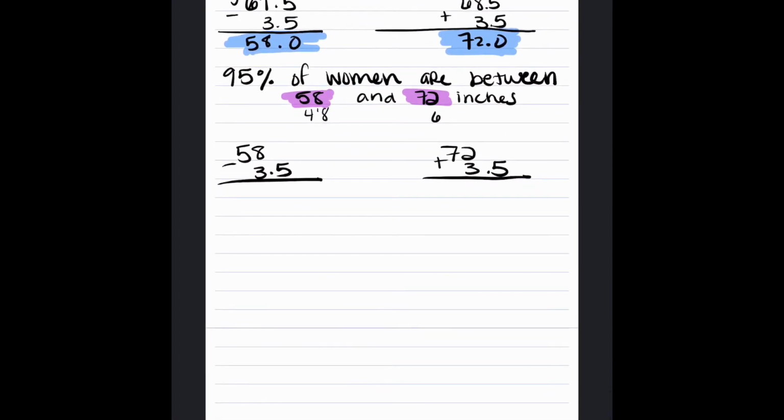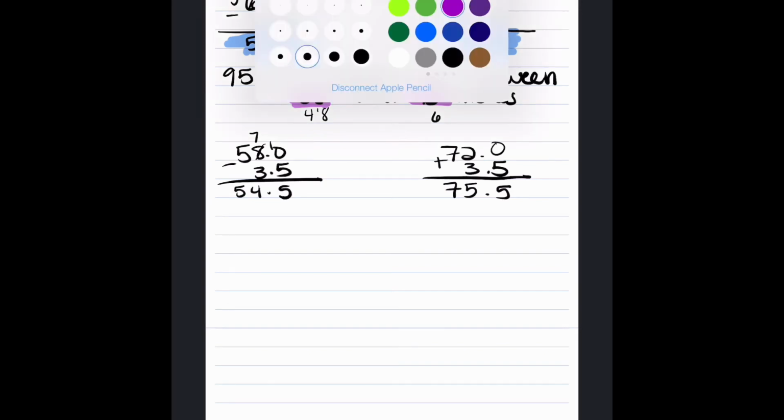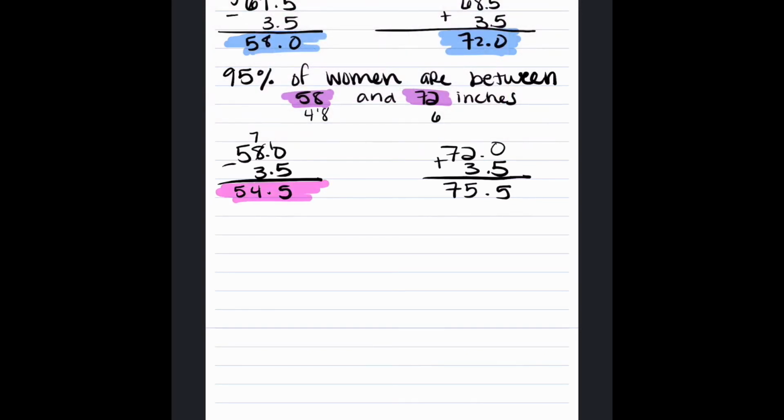So this would be 54.5, and over here 75.5. So 54.5 and 75.5 are the numbers that are 3 standard deviations away.